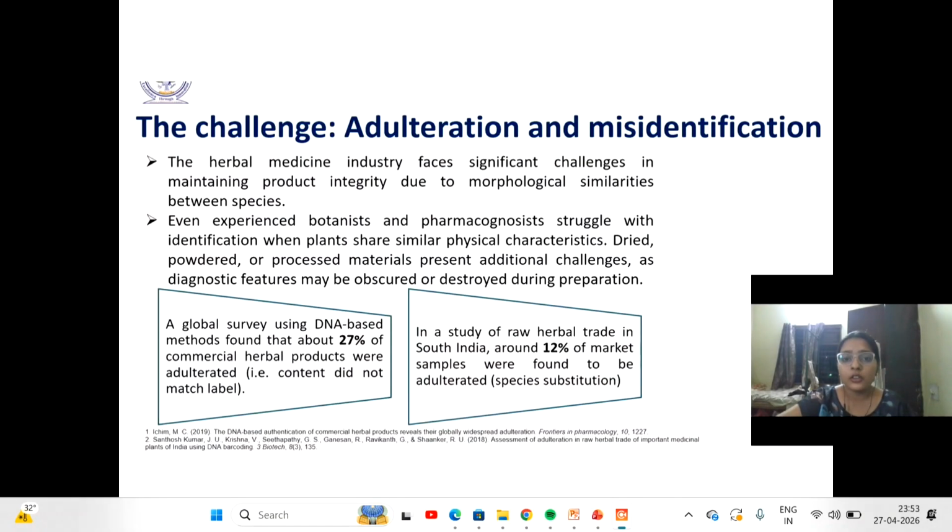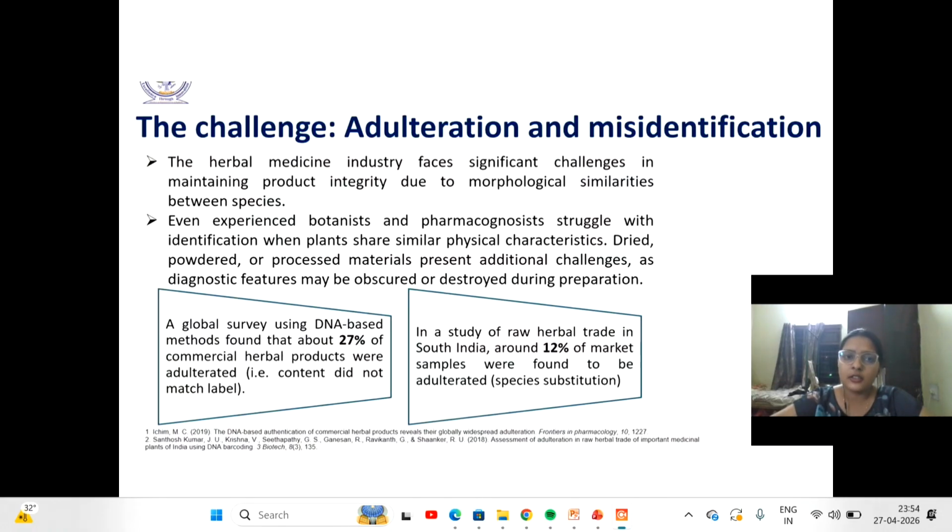Next, what are the challenges of adulteration and misidentification? The herbal medicine industry faces significant challenges in maintaining product integrity due to morphological similarities between species.